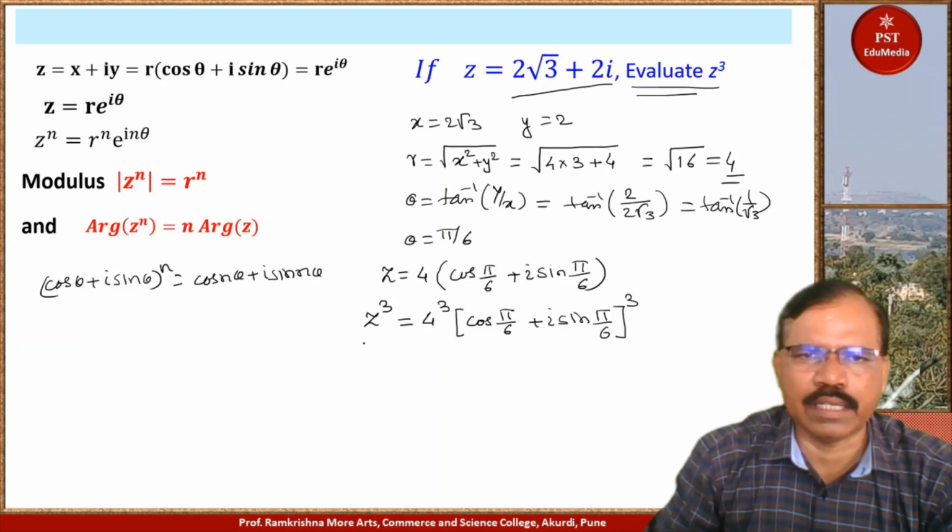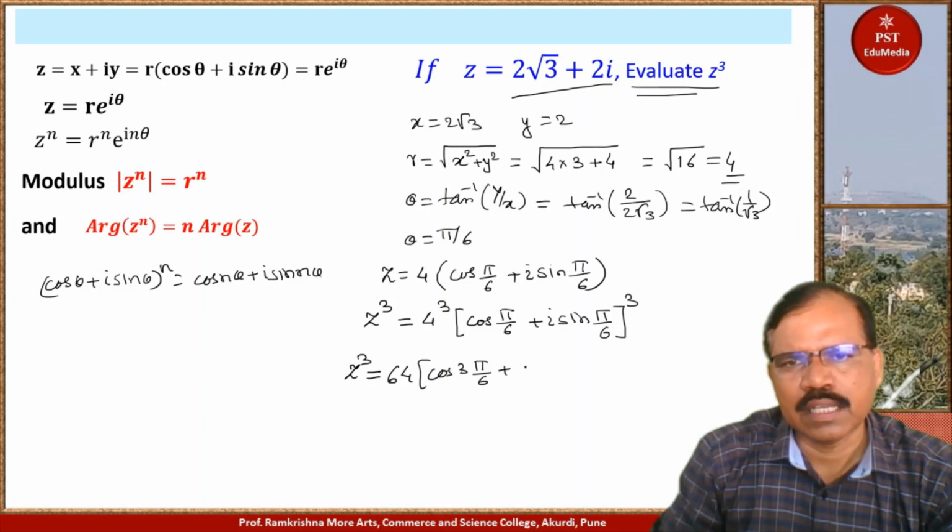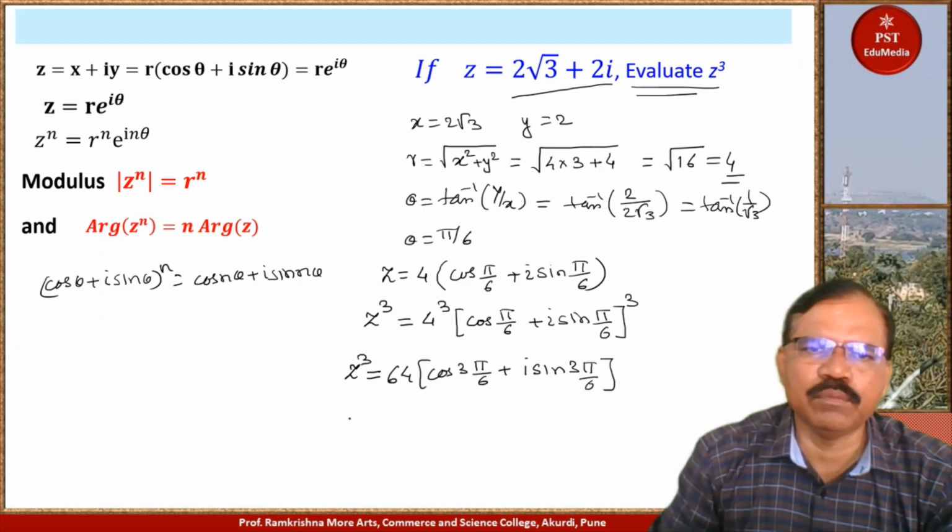This is De Moivre's theorem. So we get here z cube is equal to 4 cube, that is 64, cos 3 pi by 6 plus i sin 3 pi by 6, using De Moivre's theorem.